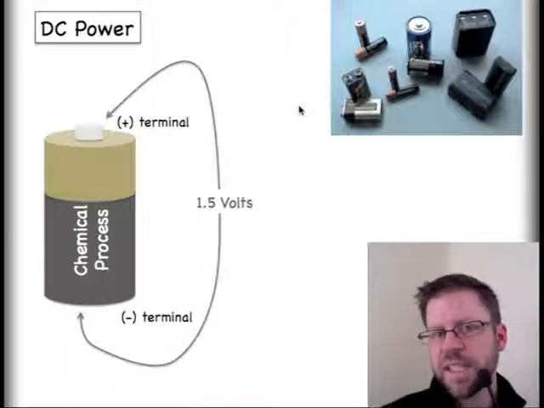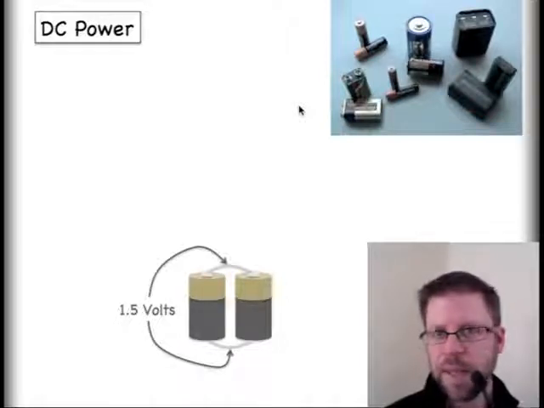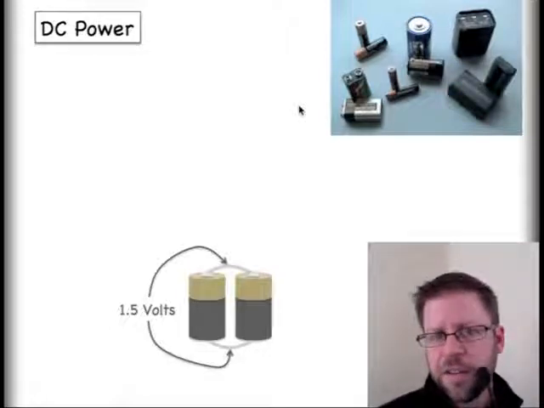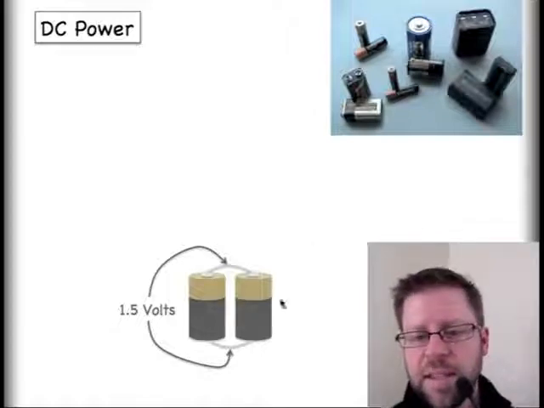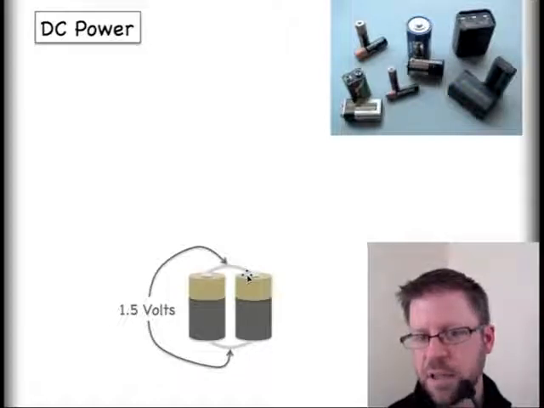There's a couple different ways that I can configure batteries. You'll notice that often you have more than one battery in a particular thing, like in your camera or in a remote control car or something like that. If you configure them so that the batteries are side by side and that these two positive terminals are connected by a wire, remember we said any time that I have conductors touching one another, they have to be at the same electric potential.